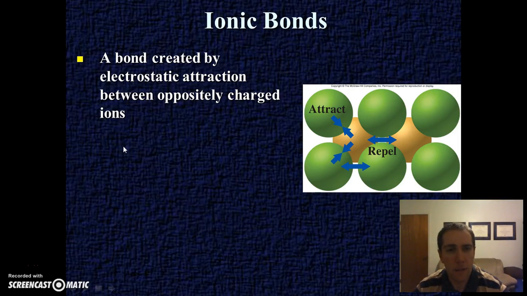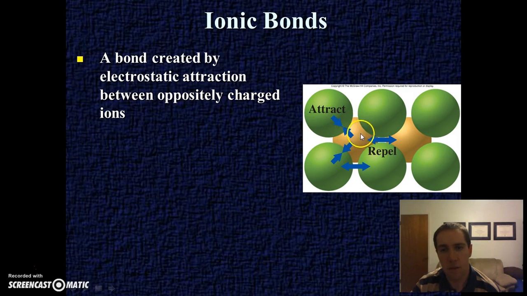So in the ionic bond, we have this electrostatic attraction, big word, not a complex idea. Negative attracts positive, opposites attract. So in our ionic compound, here we have our greens and our yellows. Let's say the green is our sodium, yellow is our chloride.